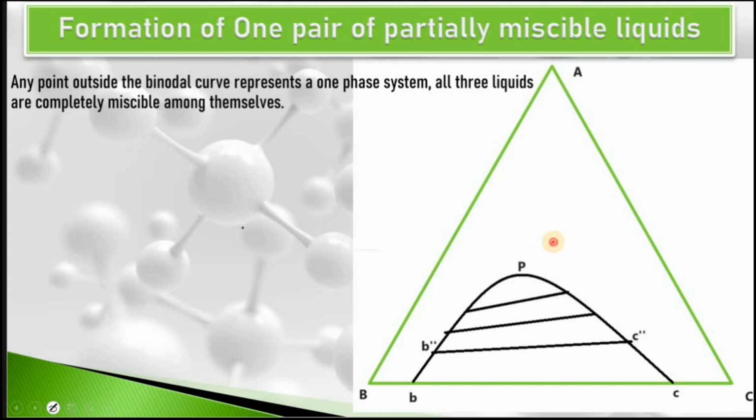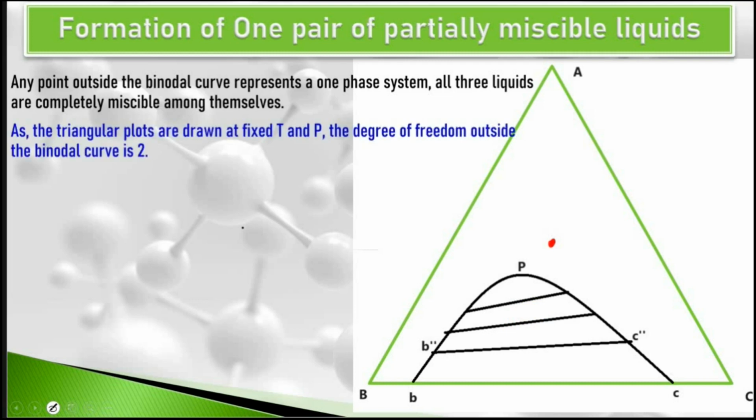Take any point outside this binodal curve and find what is the percentage of A at this point, what is the percentage of B, and what is the percentage of C. Then mix A, B, and C in that composition. You will get a one phase system where all three liquids are completely miscible among them.